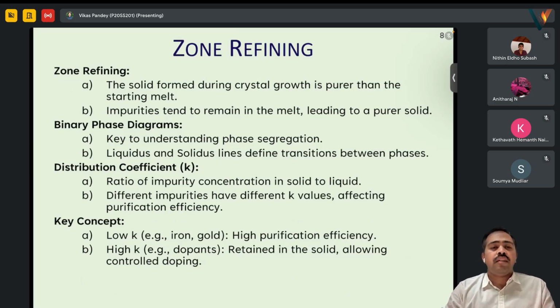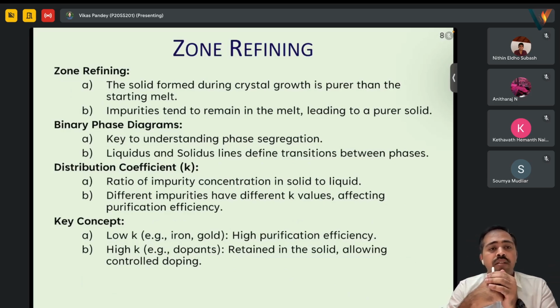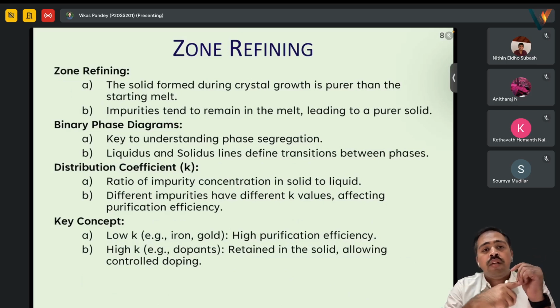Then there is something called zone refining. This is mostly relevant in the case of germanium. We have seen that silicon is generally made using the CZ method, but for germanium and some other semiconductors, zone refining is used.